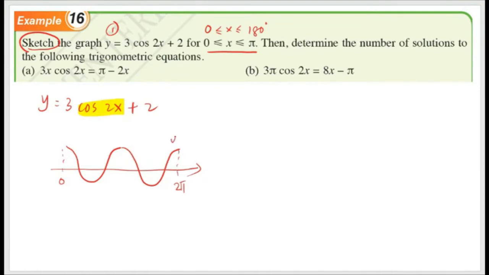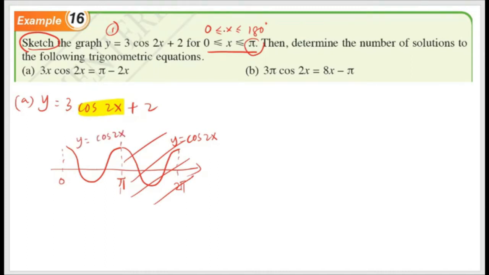Correct? This is y equal to cos 2x. But now you see it wants you up to pi radians only, so the back part we don't need to draw. We draw 0 to pi radians only. So this is y equal to cos 2x.